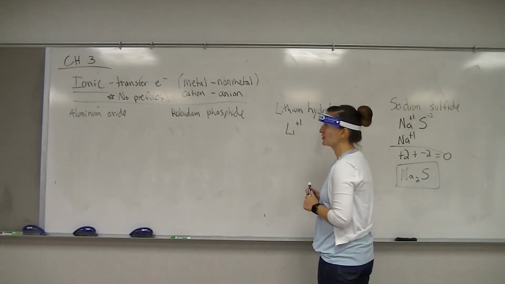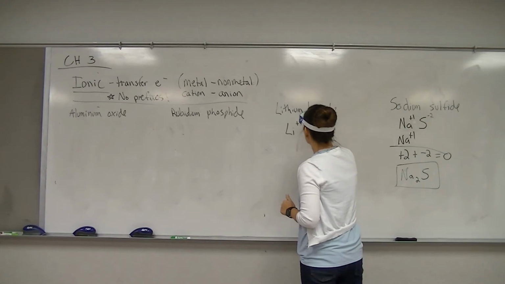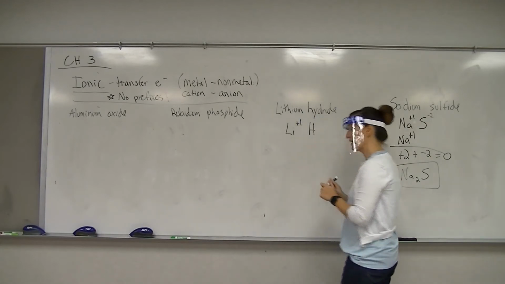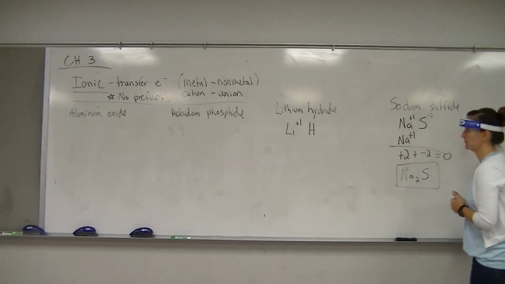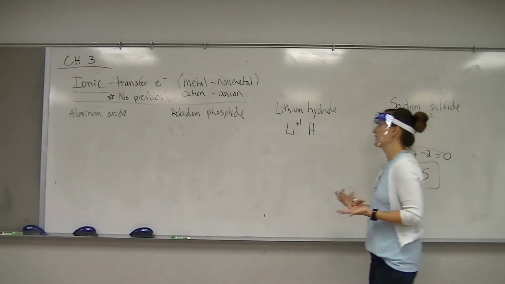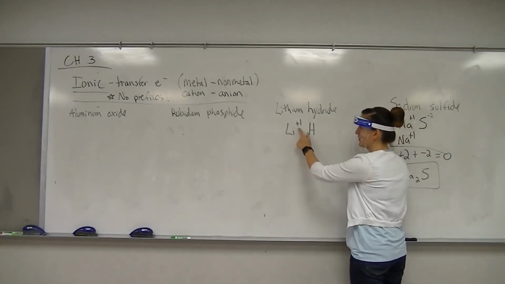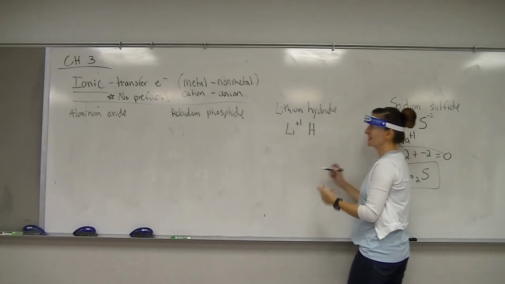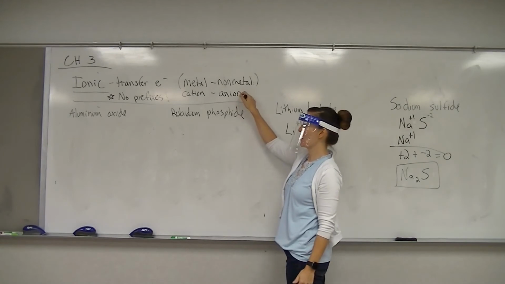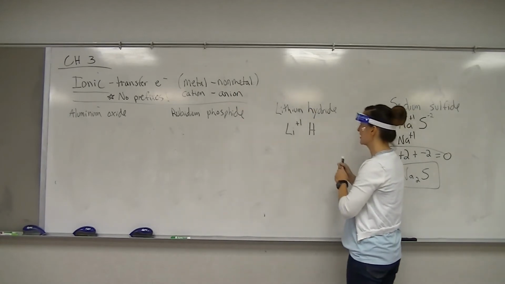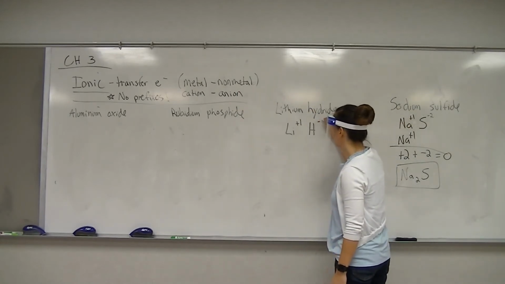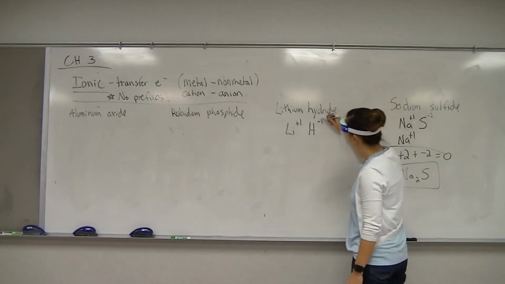Hydrogen. Hydrogen's a tricky guy, because hydrogen can actually be a +1 or it can be a -1. So how do I know what it is in this case? I have a positive already. Lithium has to be a +1. And I said that I always need a cation with an anion for ionic compounds. So that means hydrogen must be a -1 in this case.